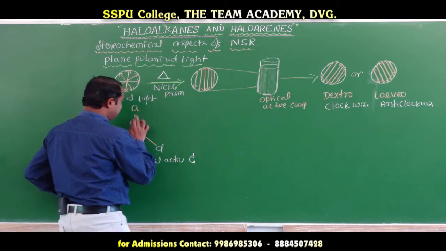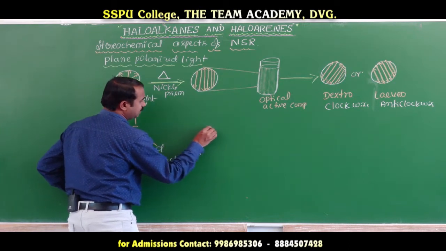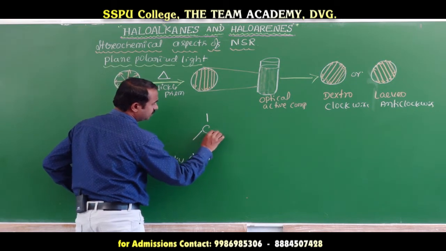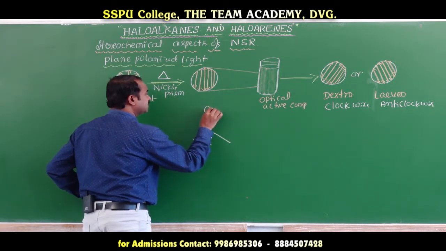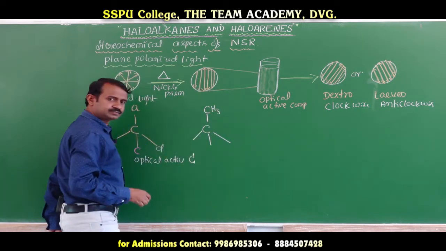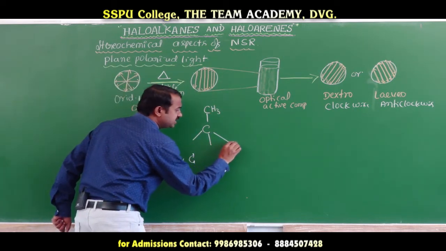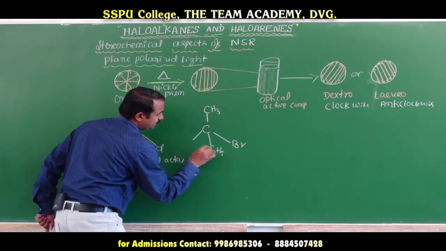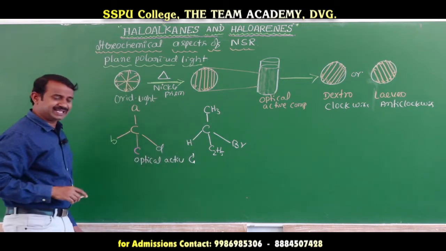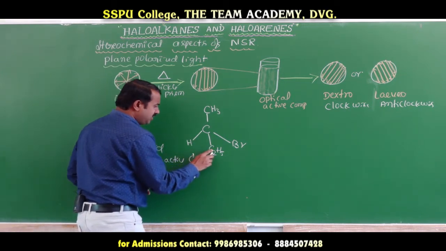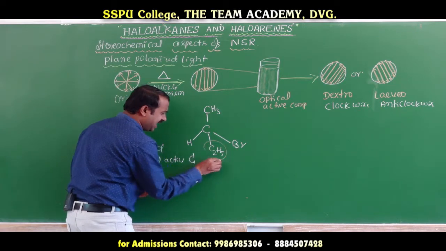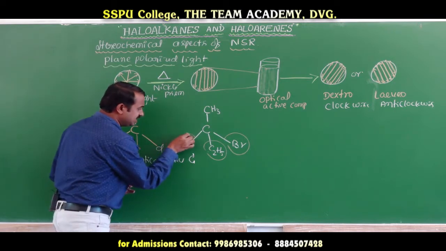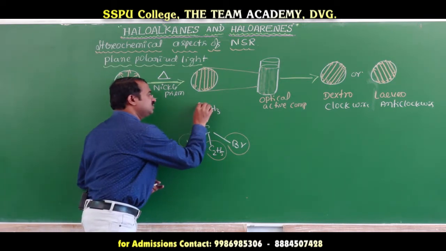Suppose I take an example: a carbon with CH3, Br, C2H5 and hydrogen. This one is an ethyl group, this one is bromide, this one is hydrogen, this one is methyl.